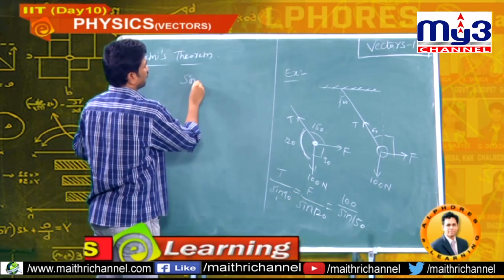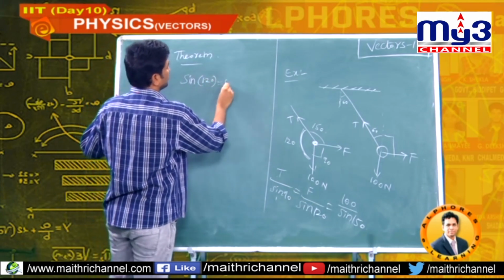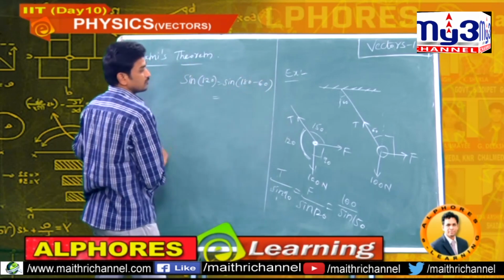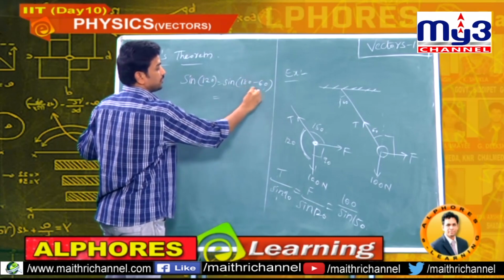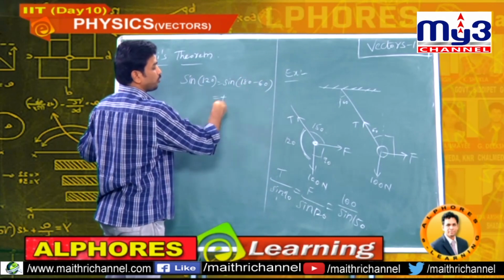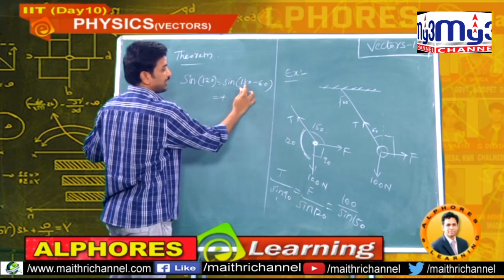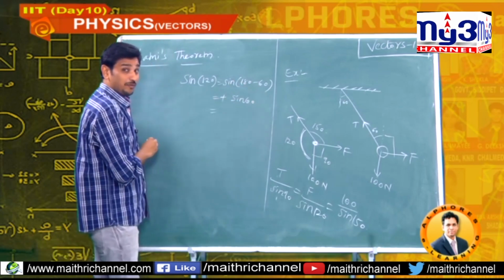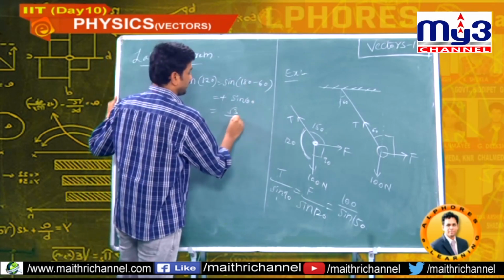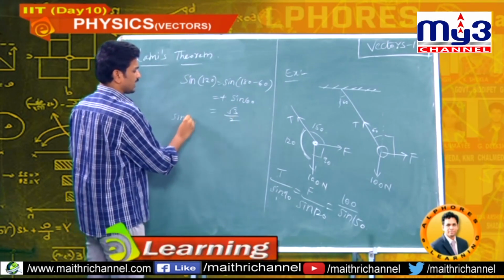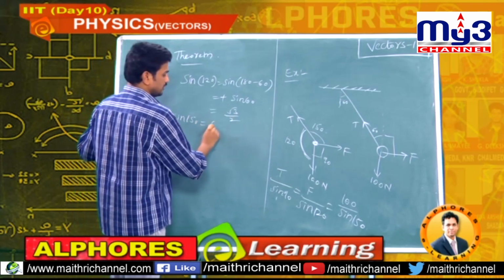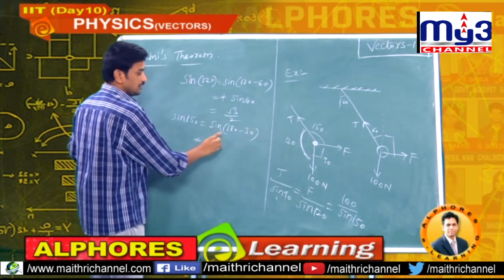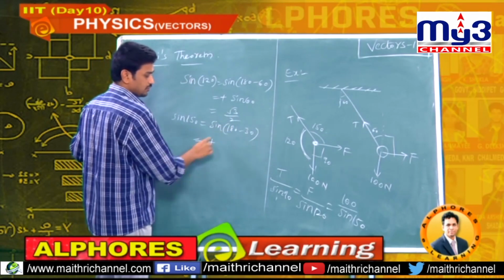Sine 120 value: sine of 180 minus 60, that is 120. Second quadrant, sine positive. Sine of 180 minus 60 value, sine 60. What is the sine 60 value? Root 3 by 2. Coming to sine 150 degrees value, sine of 180 minus 30, same thing, second quadrant, sine positive.